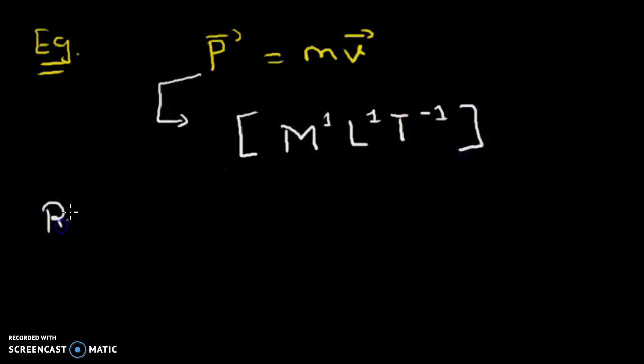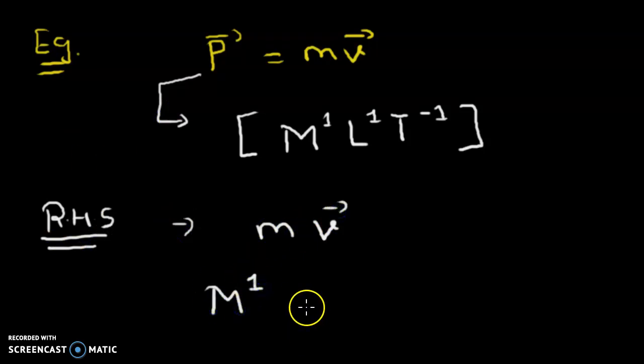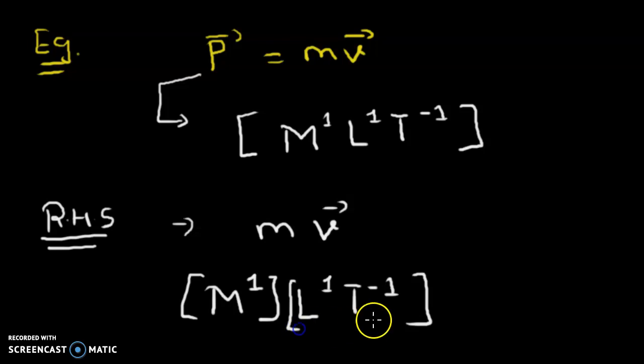Now what I need to check is the right hand side, only the right hand side. The right hand side is mass times velocity. So what is the dimension formula of mass? It is M to the power 1. What is the dimension formula for velocity? L T minus 1. Velocity is meter per second, so meter is length, per second is time.